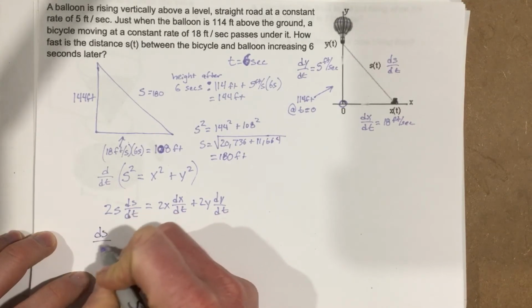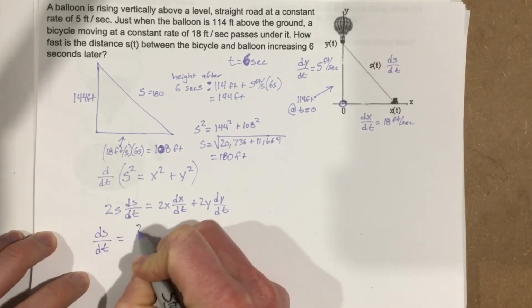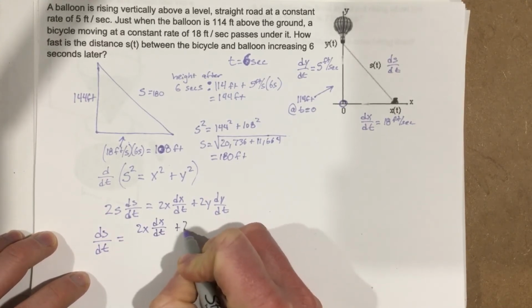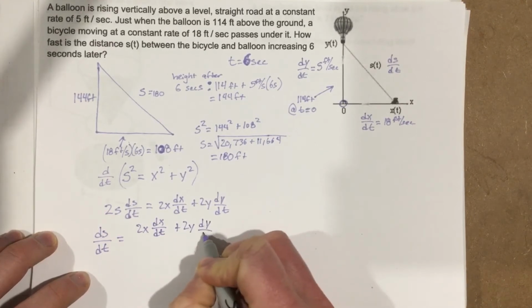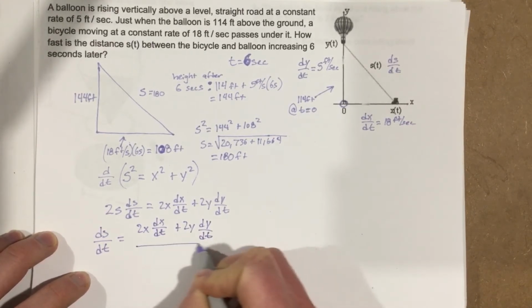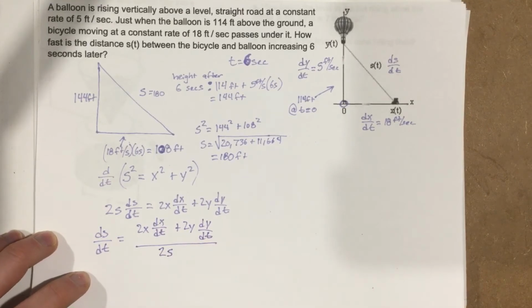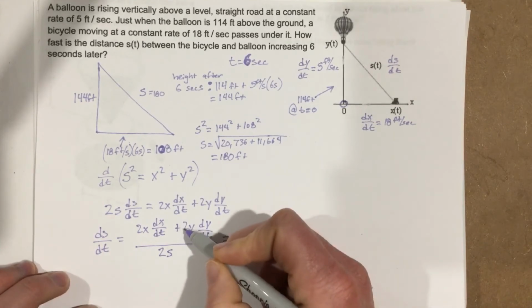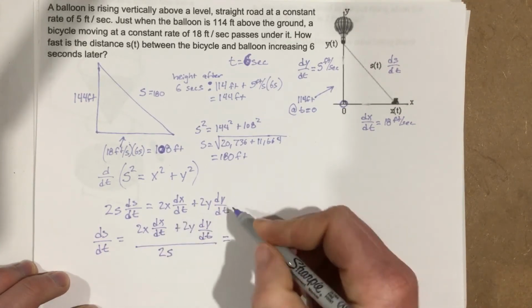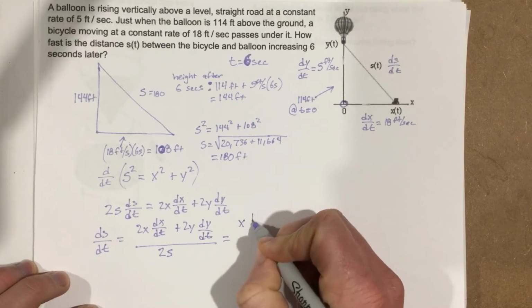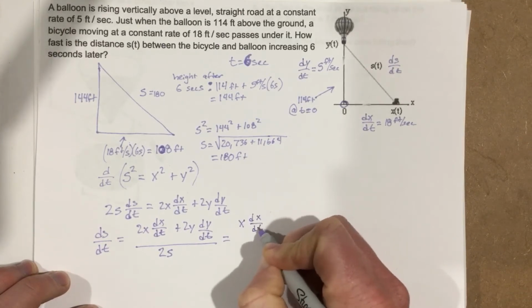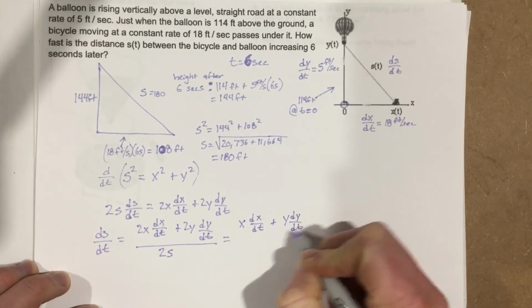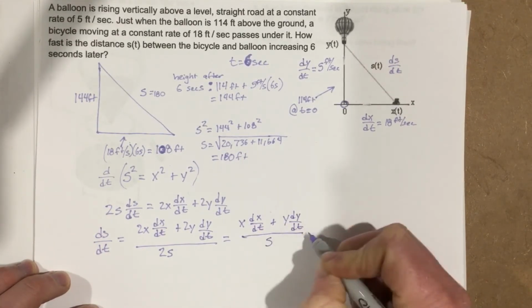So ds over dt equals 2x dx over dt plus 2y dy over dt all over 2s, which is going to equal, now technically we can divide this by 2 and this by 2 at the same time, so we're going to say that this is really x dx over dt plus y dy over dt all over s.